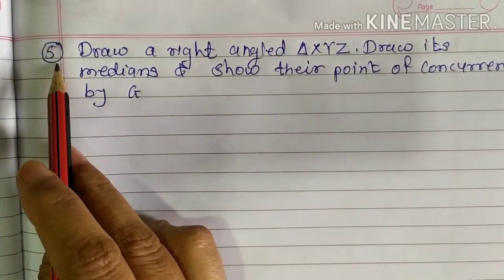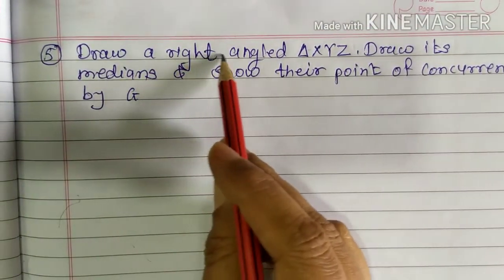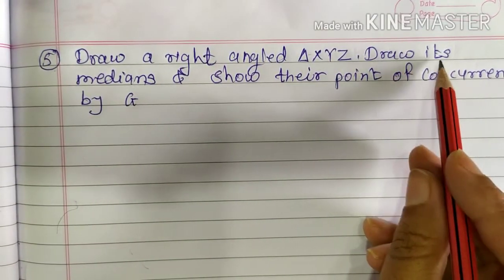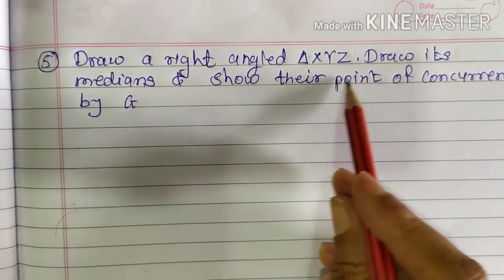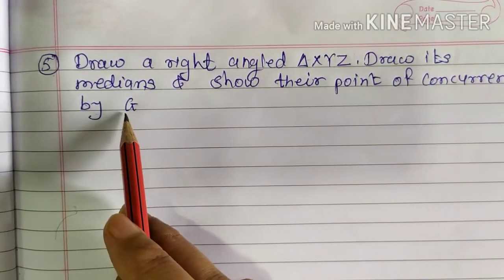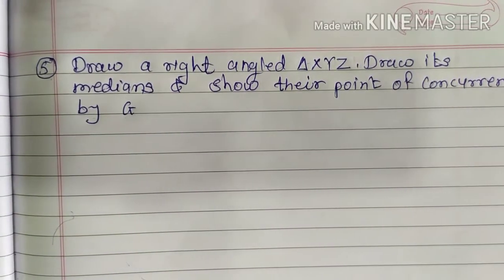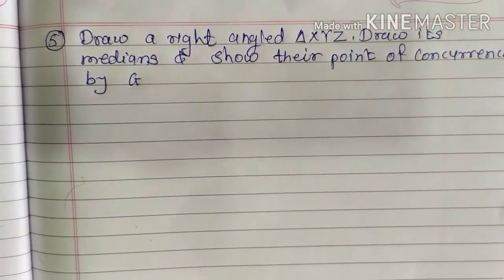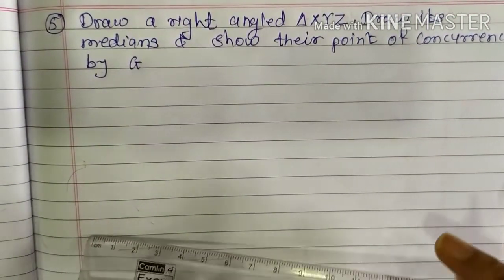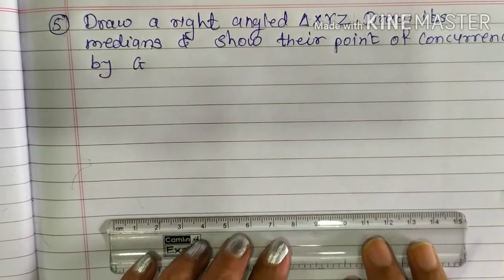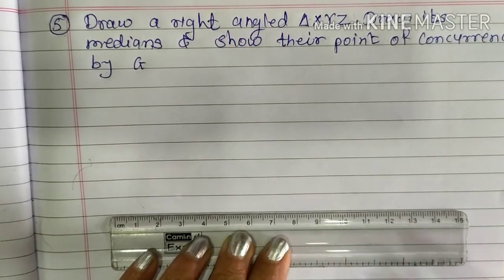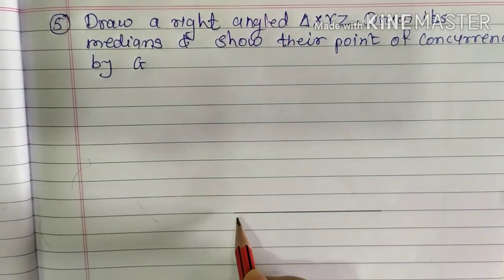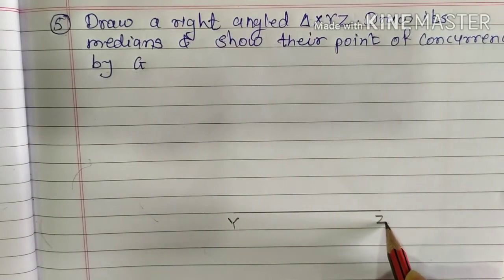Question number 5. Draw the right angled triangle XYZ. Draw its medians and show their point of concurrence by G. Let's draw the right angle triangle. First segment, that is YZ.